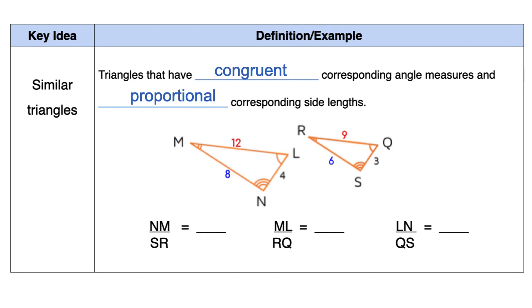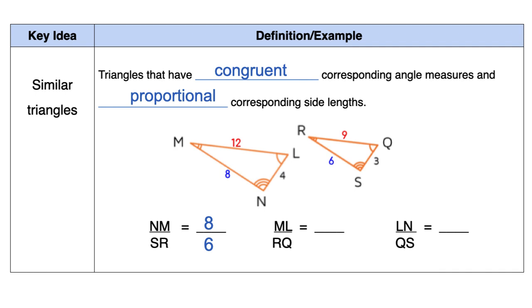The side lengths are not congruent, they're proportional, but the angle measures, as we can see with these markings, the corresponding angles are congruent. So what we're going to notice, and we'll make sense of this word proportional side lengths, is if I write a ratio of corresponding sides, side NM corresponds to side SR. So the fraction would be 8/6.